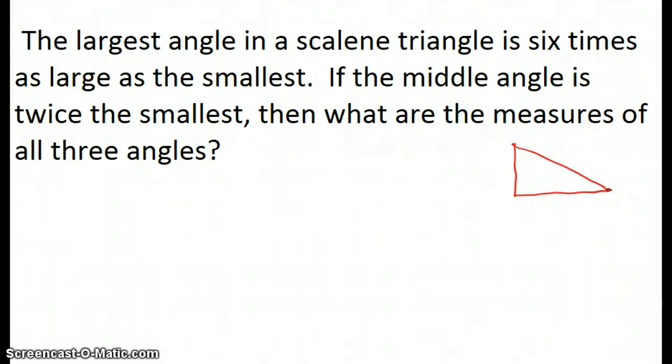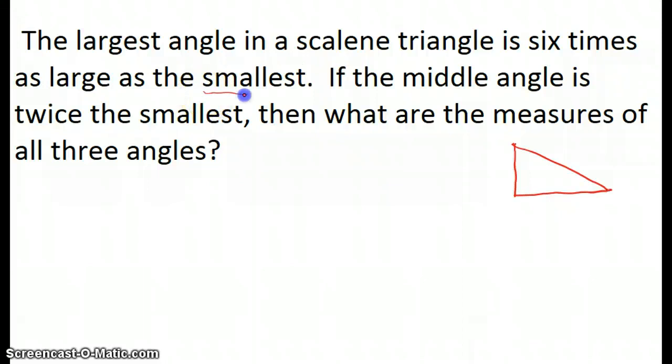Now, the most important thing here is to find our base variable. What are we basing everything off of so we can define our variable and move forward? Okay, so let's read through this. The largest angle in a scalene triangle is 6 times as large as the smallest. Take that sentence and see what we are basing it off of. 6 times as large as the smallest.